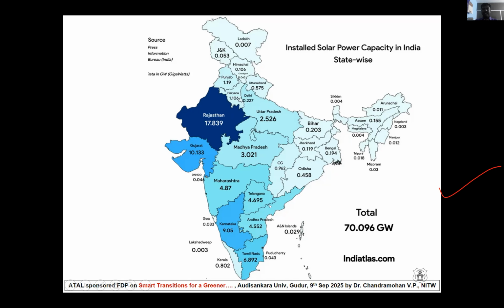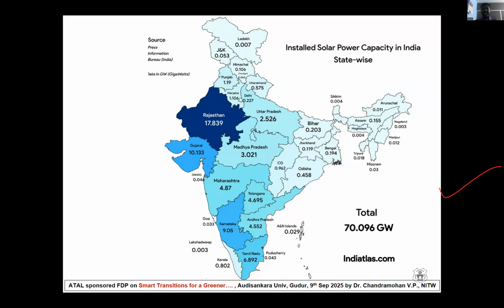Okay. So it shows that some states are doing good, some states are still lagging. Then the conclusion here is we need to do more solar installations and extract more solar power, because it is a free source of energy, zero emissions, abundantly available.